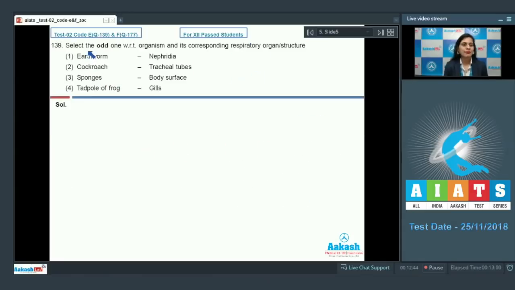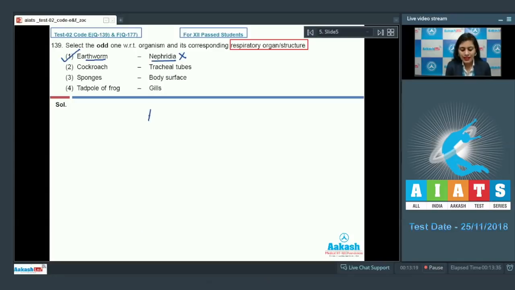Question number 139. Select the odd one with respect to organism and its corresponding respiratory organ or structure. So you need to select an odd one out, which means incorrect option between the organism and its corresponding respiratory organ or structure. So the very first option given is earthworm, which is an annelid, and nephridia. And this is an incorrect option and is a correct answer to our question.